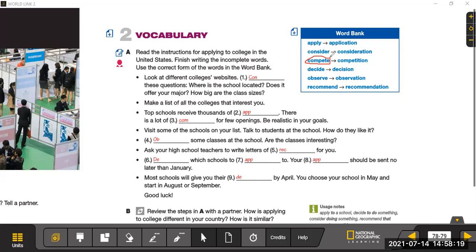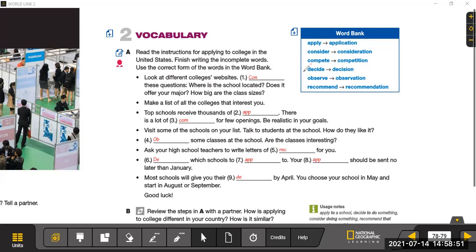You can compete to win a prize, to win money. Okay. So the definition is that compete is when you do something with another person or another team because you want to win. And then the noun is competition. So you compete in the competition.